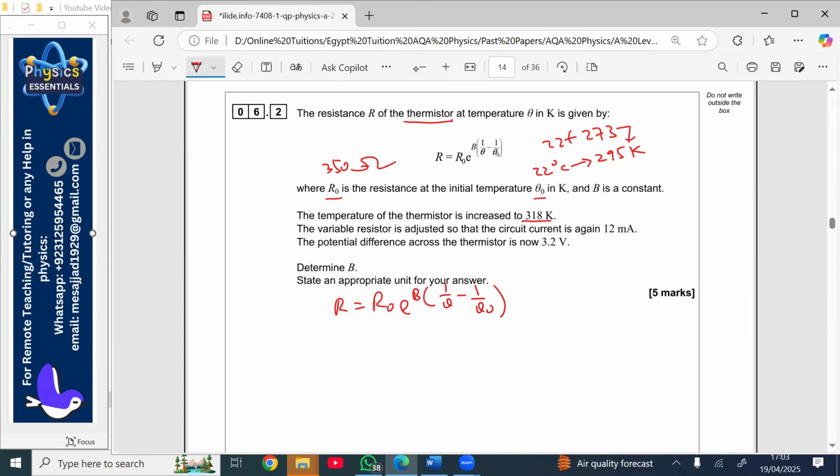And the thermistor's temperature is raised to 318. The potential difference across the thermistor is 3.2, the current is absolutely the same.